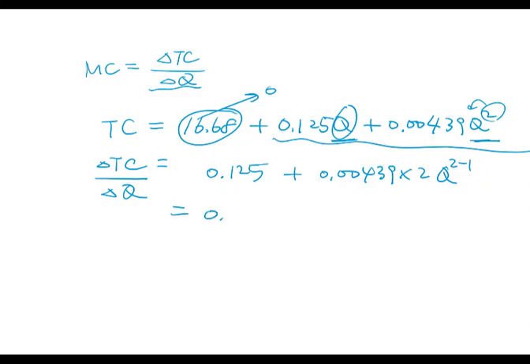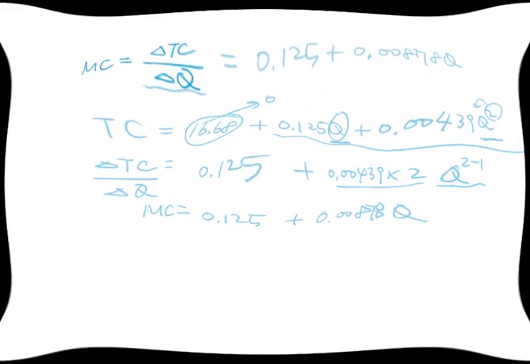So marginal cost will be 0.125 plus 2 multiplied by this, which is 0.00878, and Q to the power 1 is the same as Q. So that's the marginal cost that will help you to answer question C.